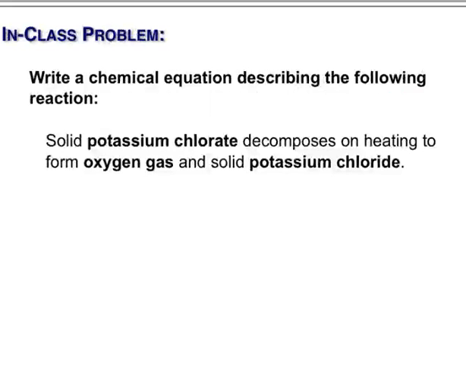Let's look at another example. What if I put on an exam that I had solid potassium chlorate decomposing to form oxygen gas and potassium chloride? And suppose the problem was to write this equation and then balance it.